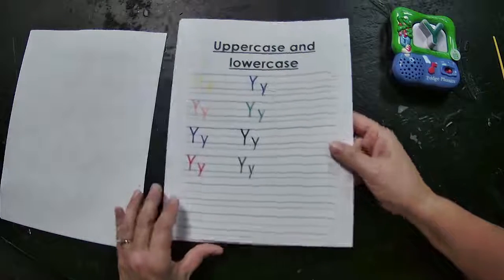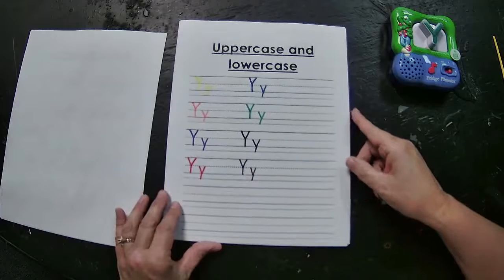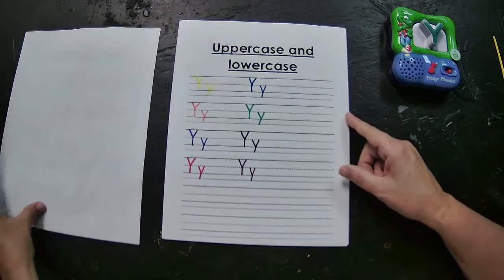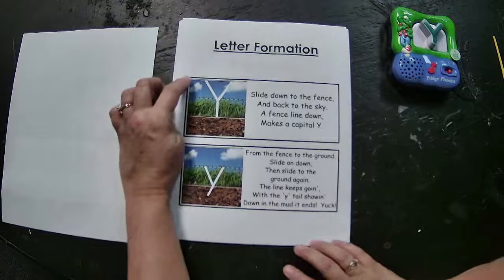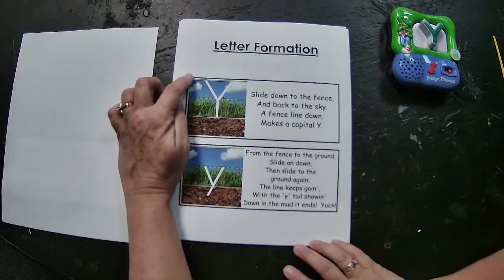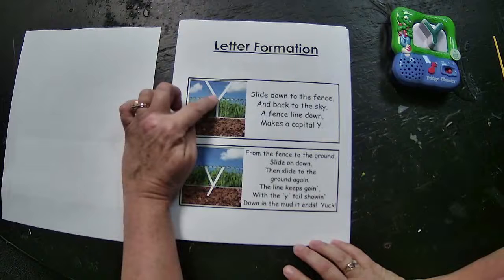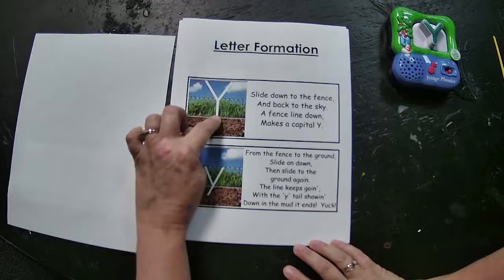And we had our practice sheet where we had to write them ourselves. Okay, and then we learned that the uppercase Y starts at the sky, goes to the fence, and then the line down, right?